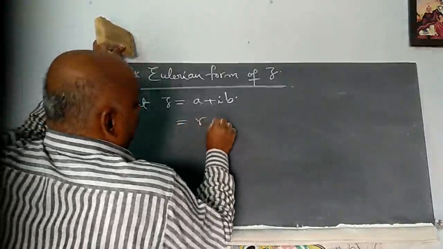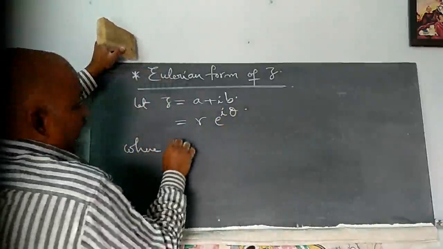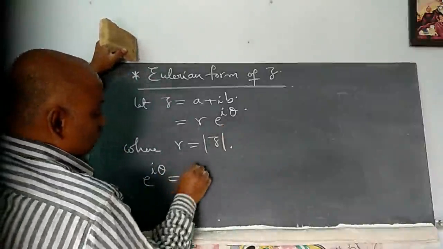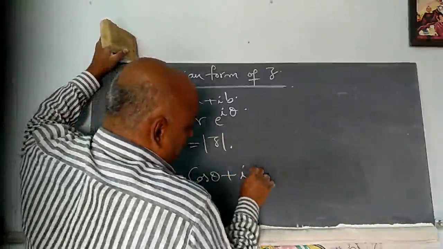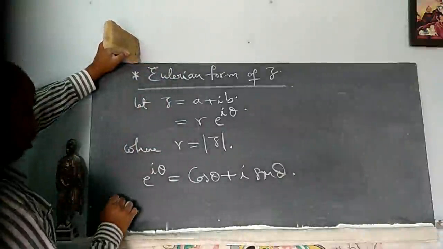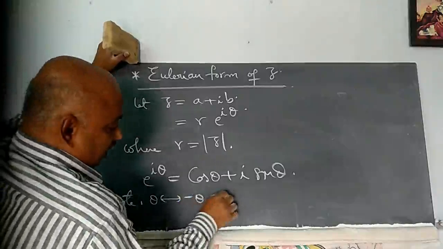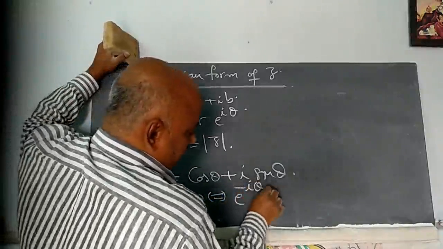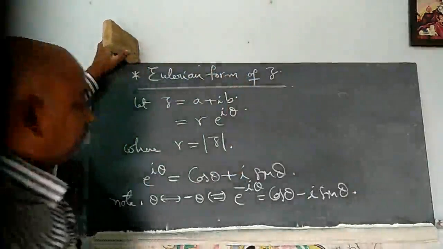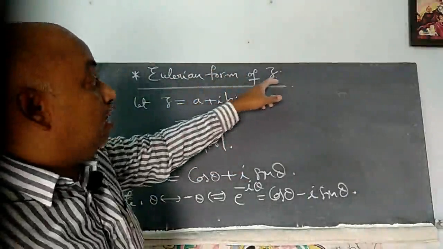This is equal to r into e to the power of i theta, where r is equal to mod z and e to the power of i theta is equal to cos theta plus i sin theta. If theta is replaced by minus theta, this implies e to the power of minus i theta is equal to cos theta minus i sin theta. So r into e to the power of i theta is called Eulerian form of the complex number z.